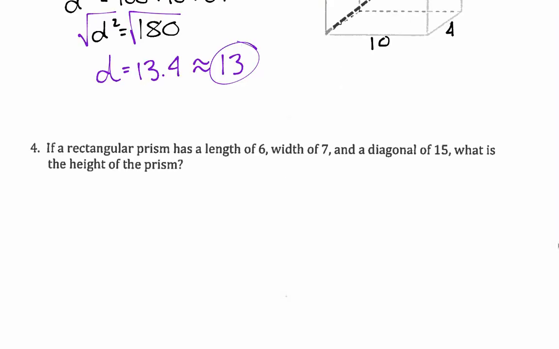4. If a rectangular prism has a length of 6, a width of 7, and a diagonal of 15. So now we're given the diagonal. So 15 squared equals 6 squared plus 7 squared plus h squared. Notice h is missing.